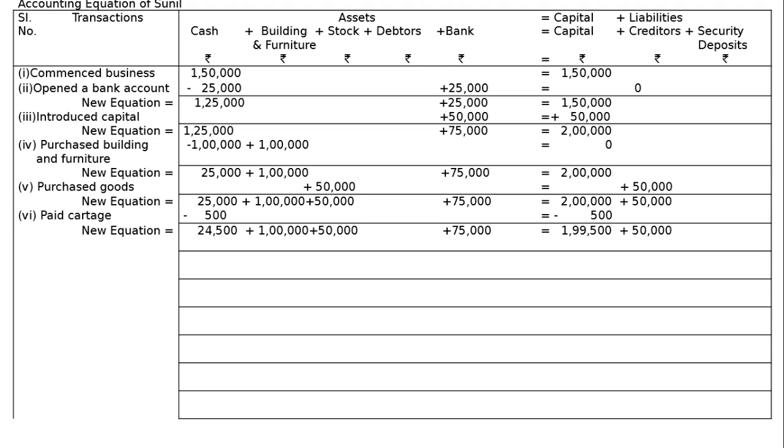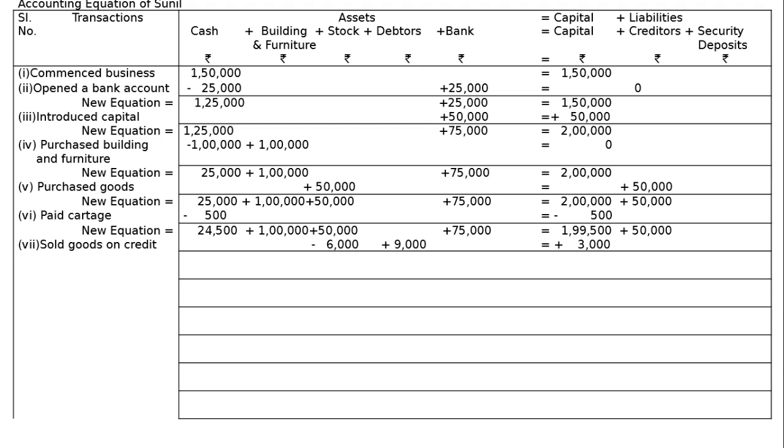This is an expenditure, hence cartage paid and capital is reduced. Then seventh, he sold to Sam on credit goods costing 6,000 for 9,000. Sold goods on credit, hence our debtor will increase by 9,000.